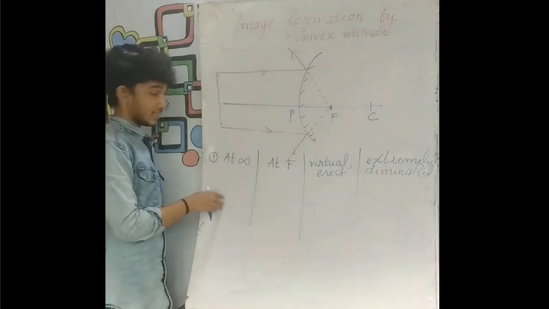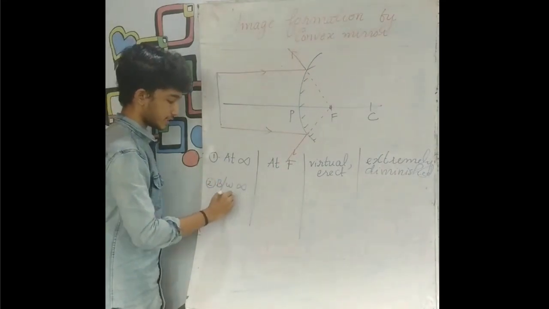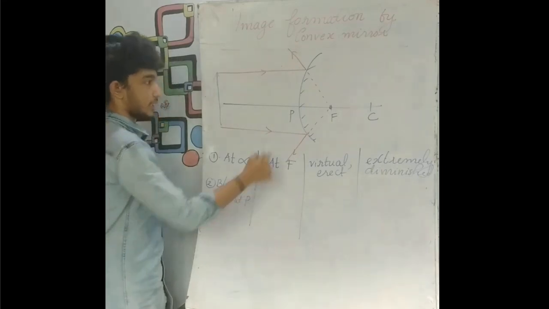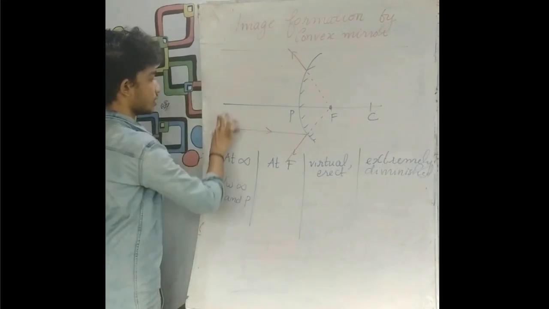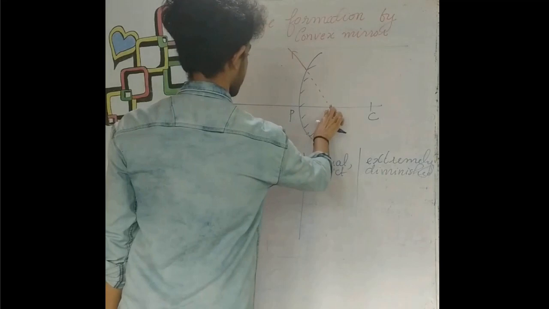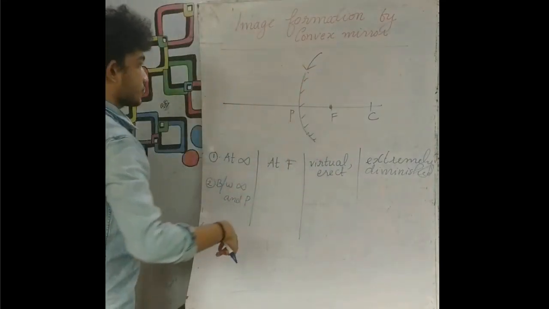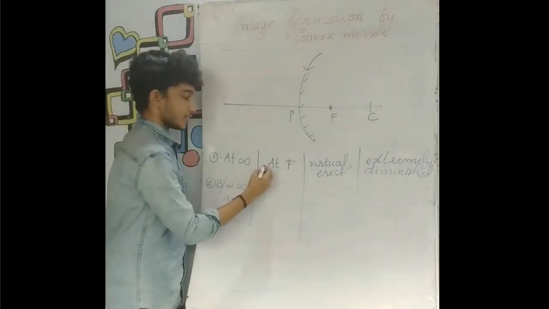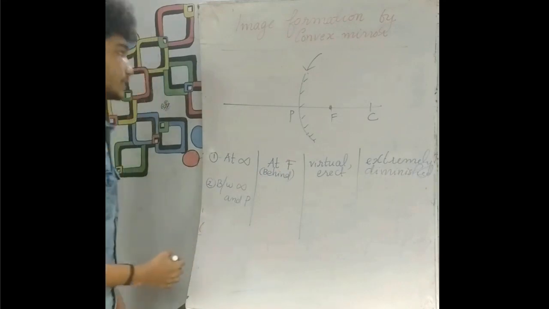Next, let us place the object between infinity and the pole. This is the pole, and between infinity and the pole we are going to place the object. In the first case, where is the image? It is actually behind the mirror, at the focus.